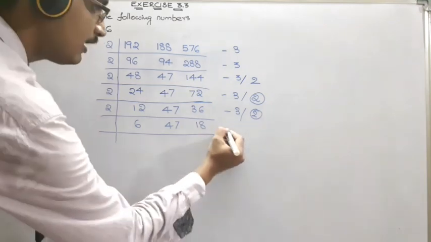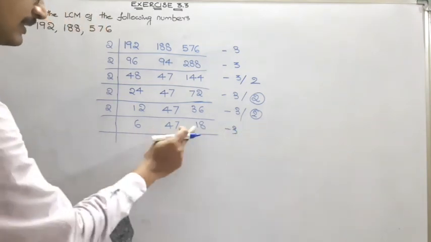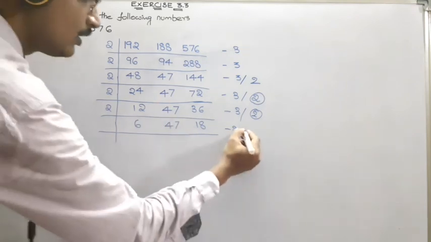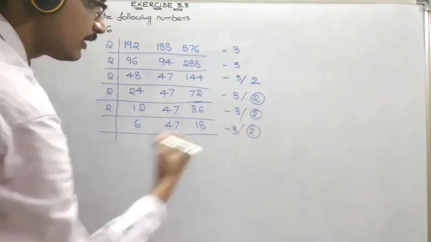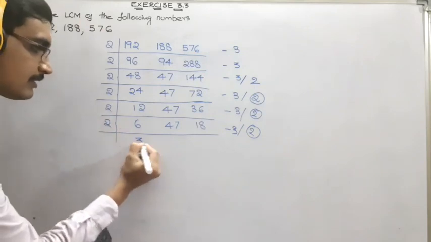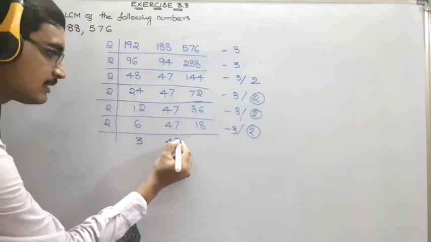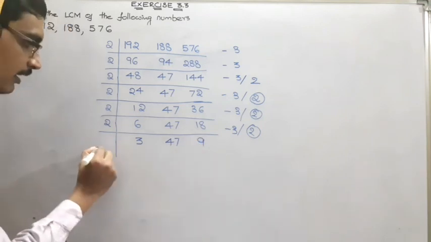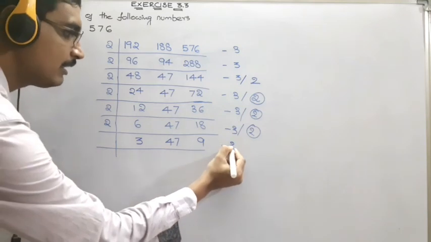Again we have 3 numbers, out of which only 6 and 18 are going to get cancelled because they are even numbers. So 2 numbers we are going to cancel in 2 table. 2 3s are 6, 47 comes as it is, and 2 9s are 18. So again 3 numbers are there.